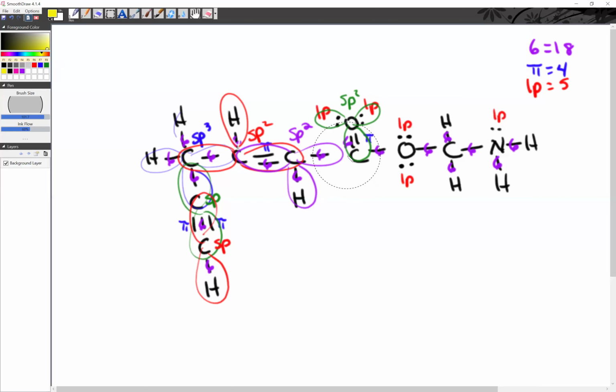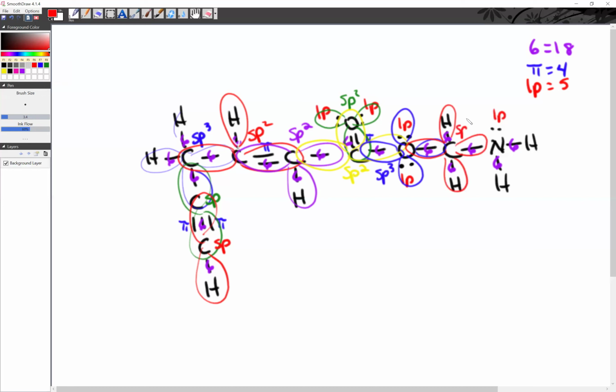And we have yellow. This one, whoa, I just made that gigantically big. 1, 2, 3. And so that's sp2 hybridized. 1, 2, 3, 4. So that one's sp3. 1, 2, 3, 4.